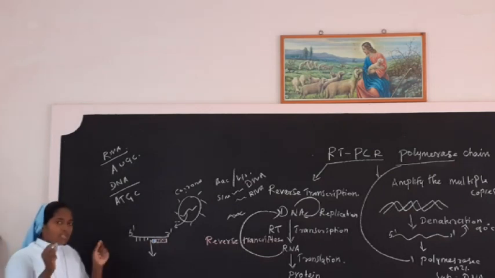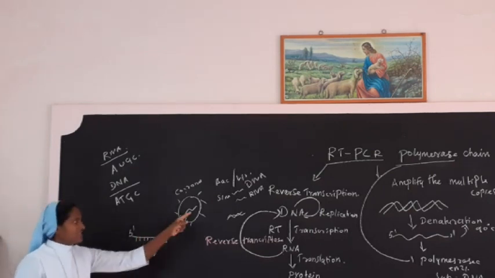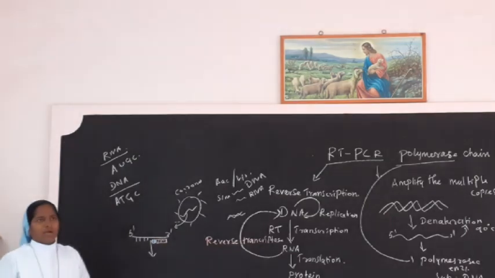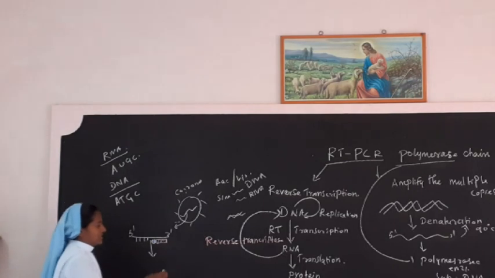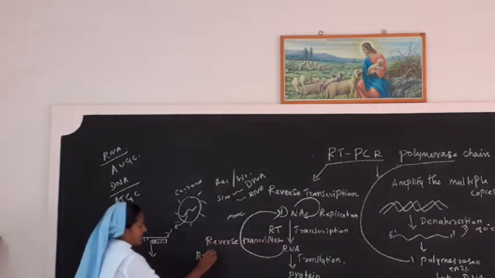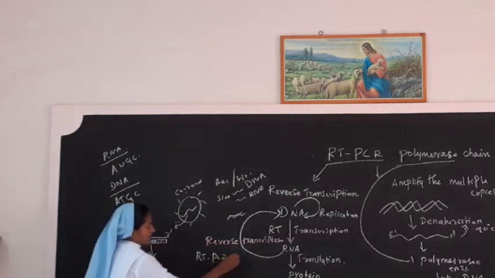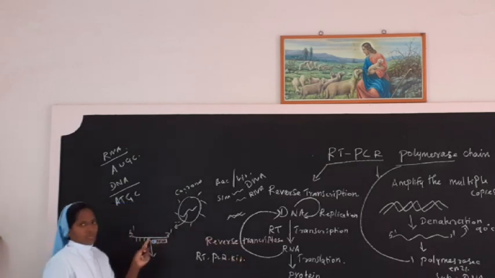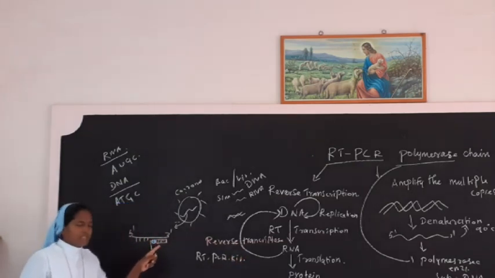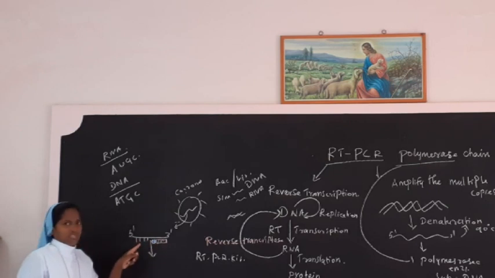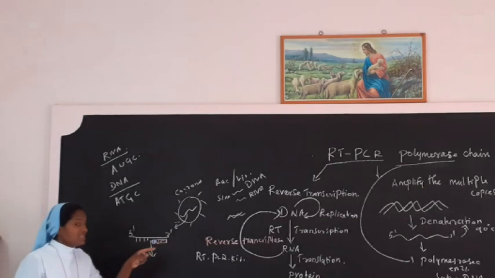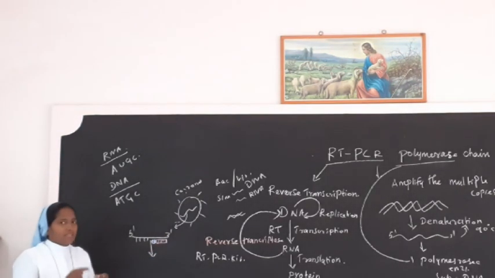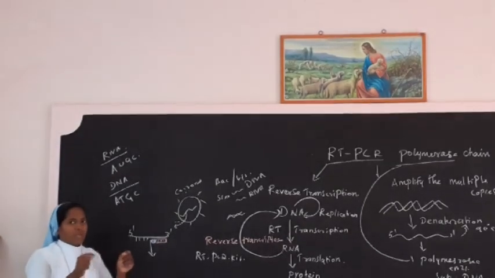So, according to the sequences present in the virus, many companies are now providing the kit, this RT-PCR kit, that contains the sequences. The primers are designed according to the sequences so that they can match them. This primer also has a sequence, and it will detect where that particular sequence is present.